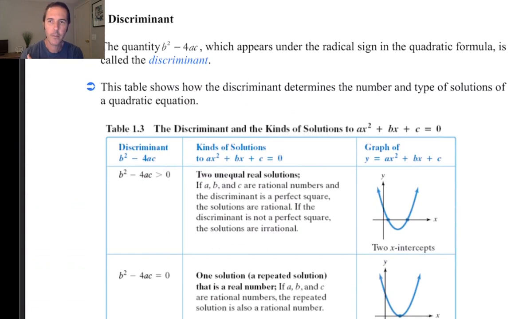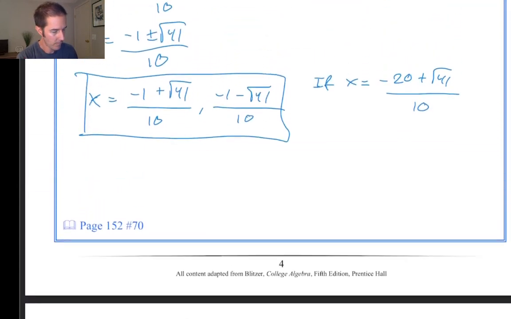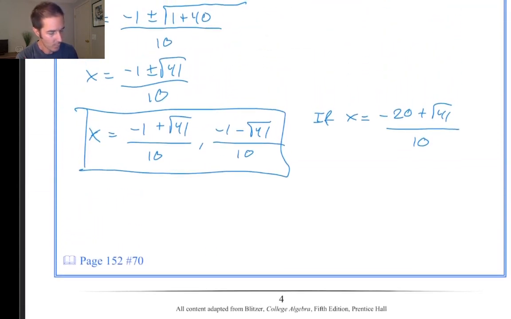In the quadratic formula, we saw that under the square root symbol is b squared minus 4ac. That expression is called the discriminant. And if your discriminant turns out to be a nice number like 49, as I mentioned before, then the square root of 49 is 7, and these two solutions would have turned out to be a lot nicer.